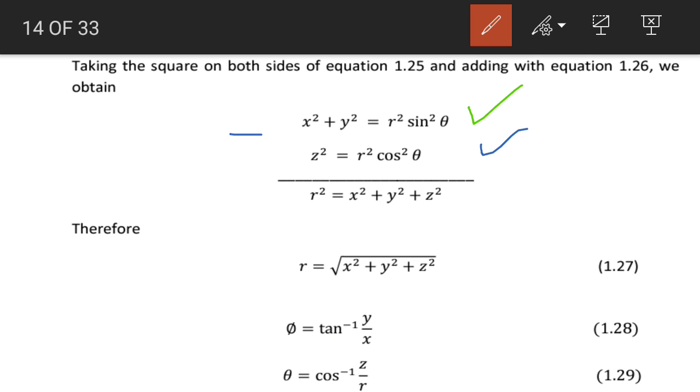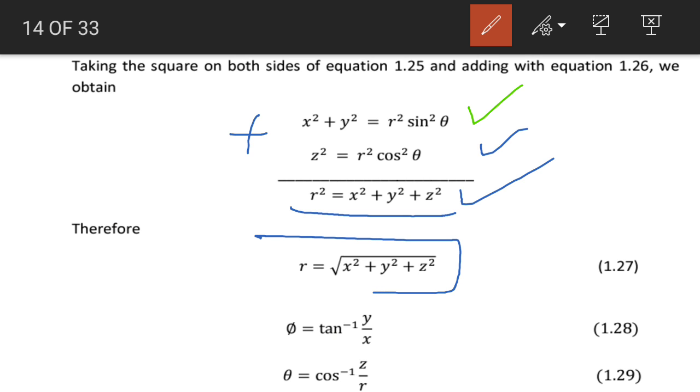We add these two equations, and the addition results in r square, which is equal to x square plus y square plus z square, and we can calculate r with the help of equation number 27. R will be equal to under root x square plus y square plus z square. So if x, y and z are known, we can calculate r.